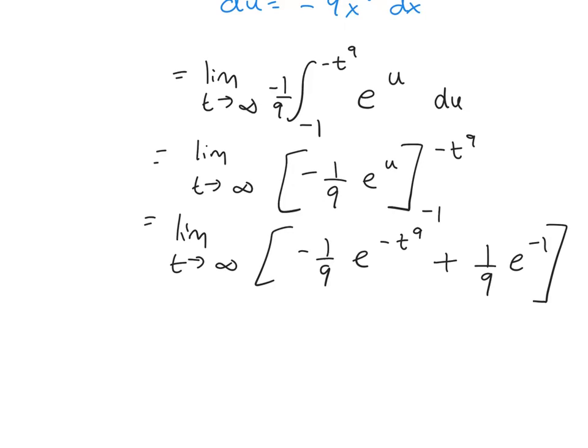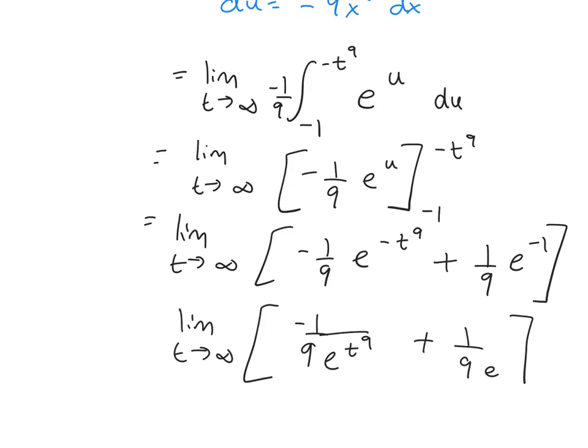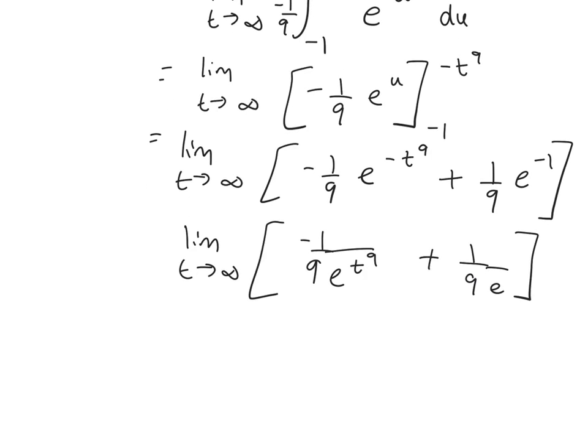So how do you deal with negative exponents when you're doing limits? You rewrite them, so it would be 1 over e to the t to the 9th. So I move it to the denominator. You can go ahead and move that one if you want to the denominator as well, it doesn't matter. And now, once I have positive exponents, I can actually calculate a limit. And here, I get 1 over a really large number. So that's why I'm getting 0 for this limit.